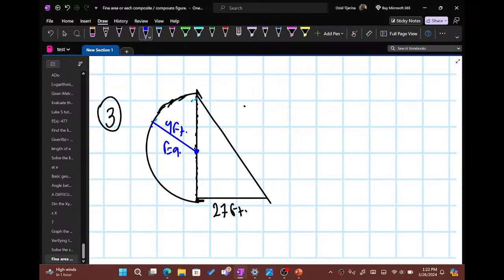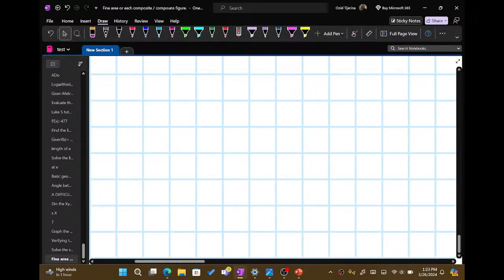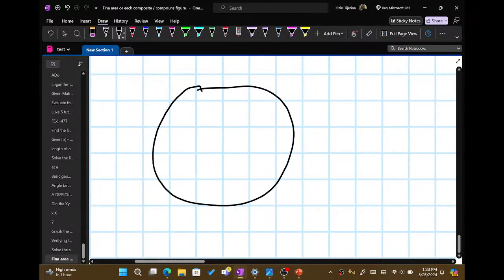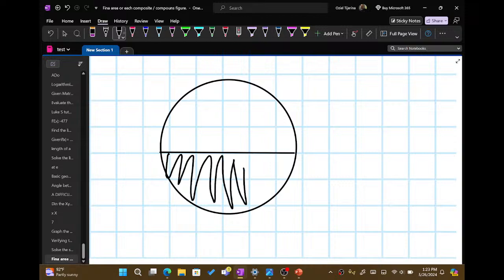But the thing is that we are talking about half a circle. Okay. So what I'm saying here is that let's pretend we have a circle here, and we really only have this here, which is considered our half circle in the diagram.